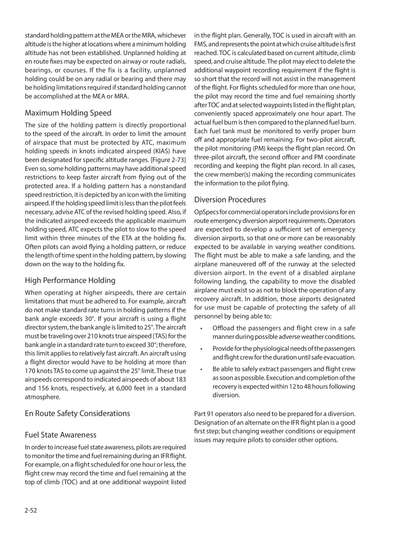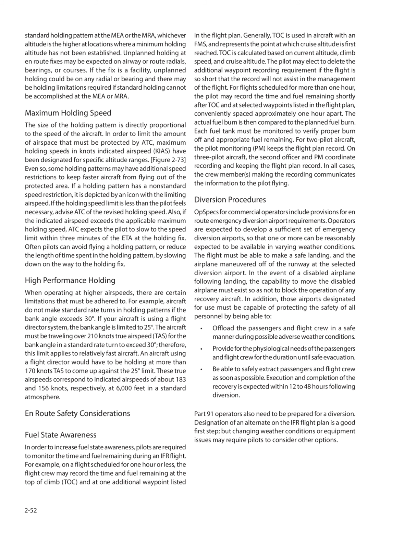High performance holding. When operating at higher airspeeds, there are certain limitations that must be adhered to. For example, aircraft do not make standard rate turns in holding patterns if the bank angle exceeds 30 degrees. If your aircraft is using a flight director system, the bank angle is limited to 25 degrees. The aircraft must be traveling over 210 knots true airspeed, TAS, for the bank angle in a standard rate turn to exceed 30 degrees, therefore, this limit applies to relatively fast aircraft.